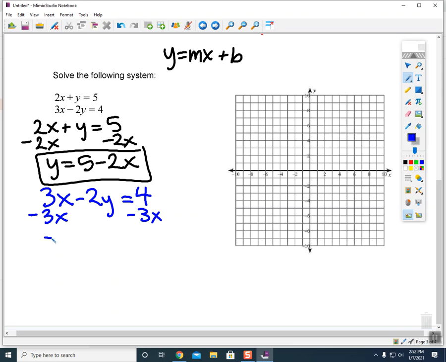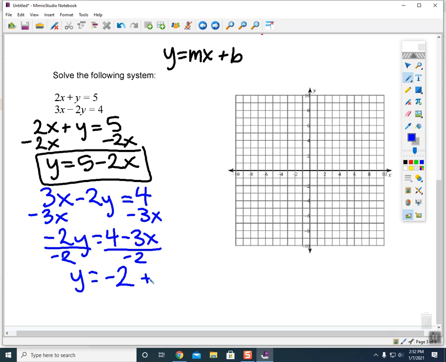I get negative 2y equals 4 minus 3x. We'll divide both sides by negative 2. y equals 4 divided by negative 2, which is just negative 2. I know that a negative divided by a negative is a positive, so plus 3 over 2 x. Here is my second equation.